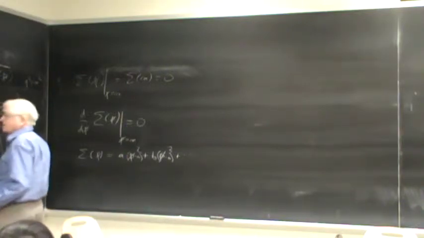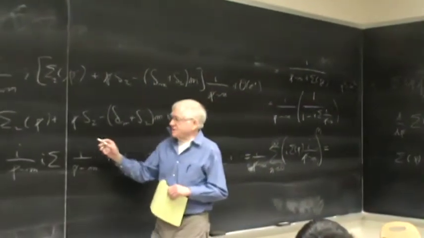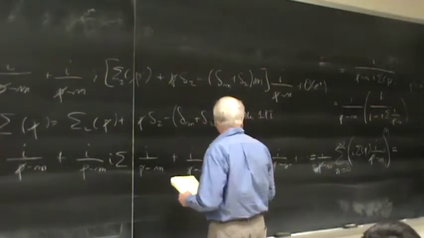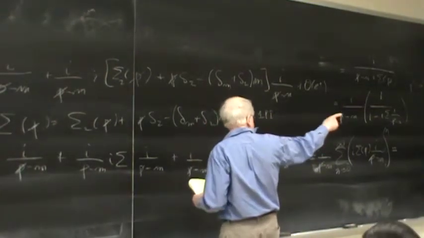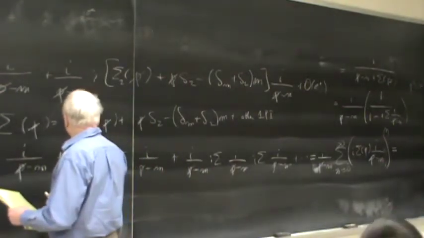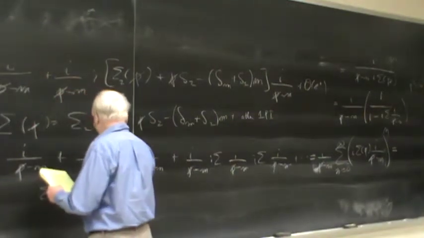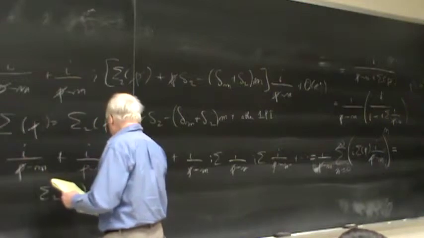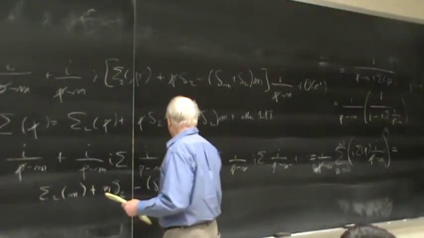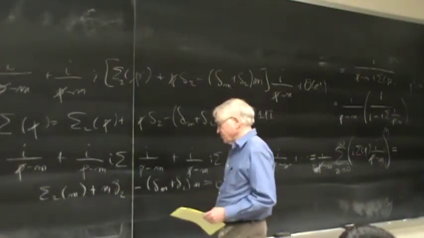Now, on the other hand, we have an expression to one loop order for what sigma of p-slash is. It's this thing here. And so the first condition, that sigma of m vanish, is the statement that sigma 2 of m plus m delta 2 minus delta m plus delta 2 times m, all that should vanish.